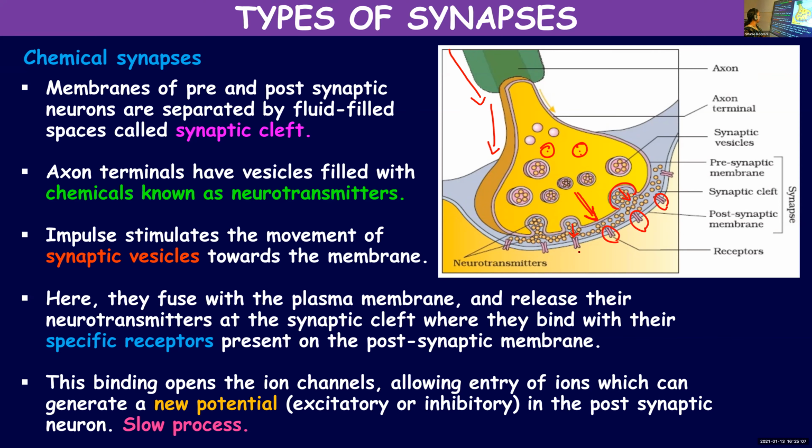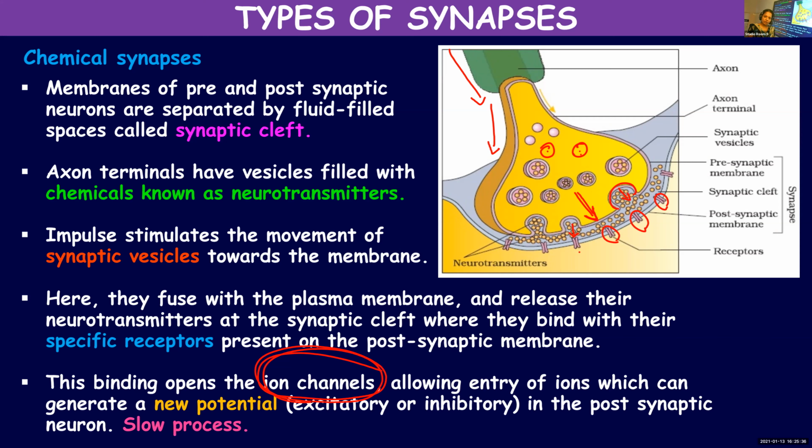Once they bind with these receptors, this will open the ion channels through which the ions can be transmitted, and this will promote the entry of ions. Hope you remember the generation of action potential. When the permeability of the ions changed, the action potential was generated.